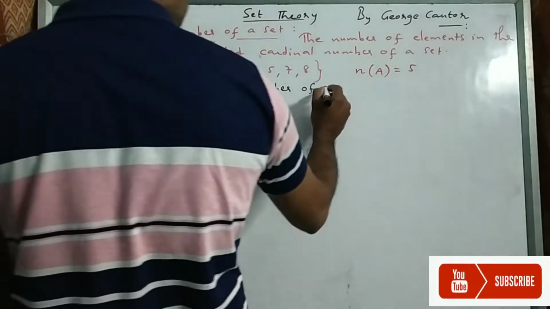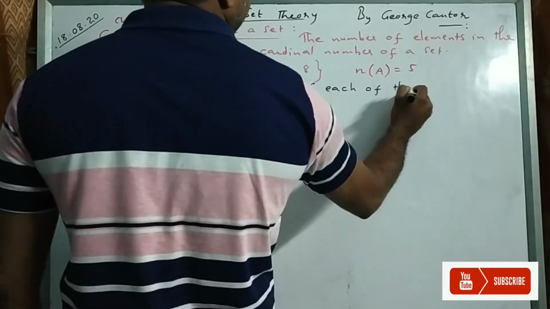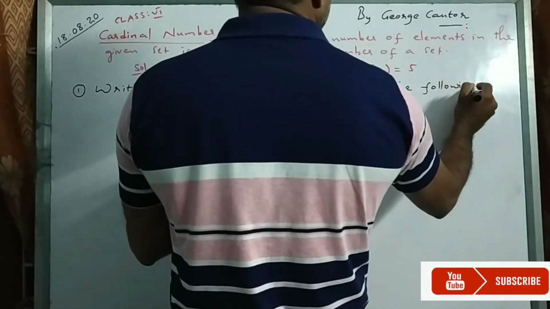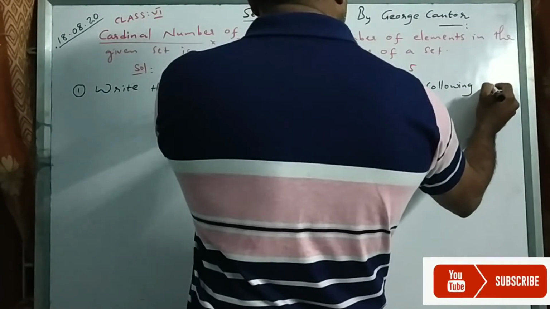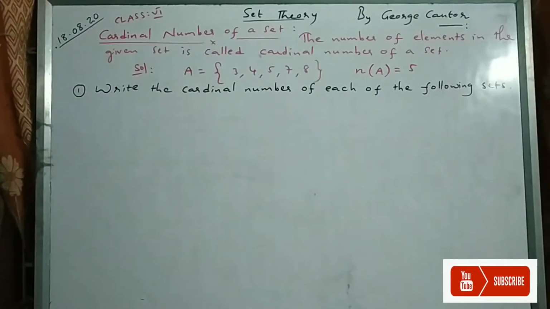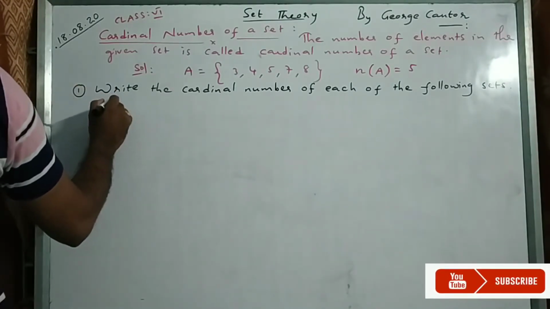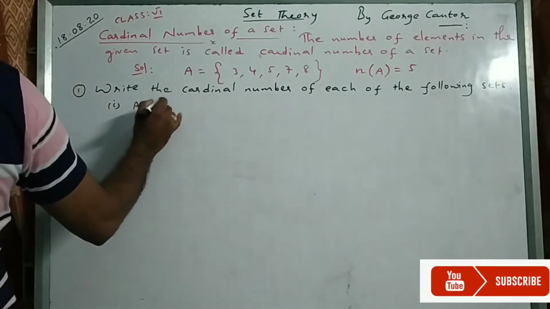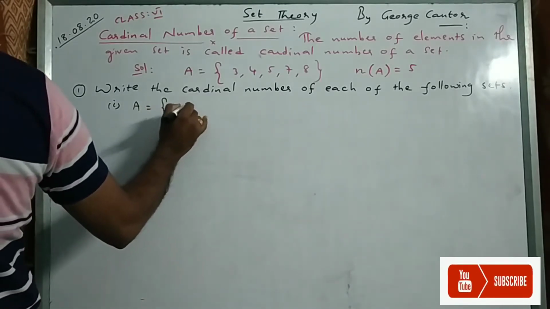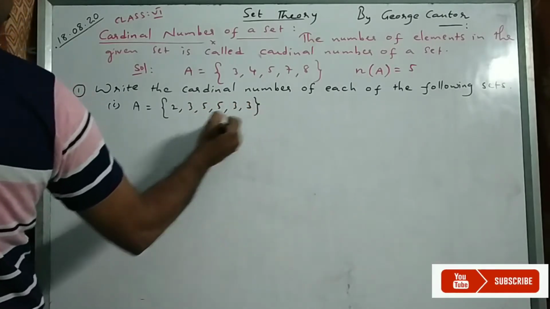First one, A equal to {2, 3, 5, 5, 3, 3}.